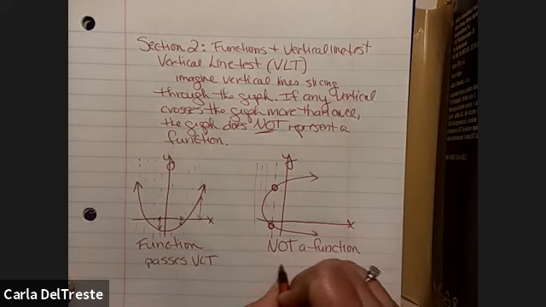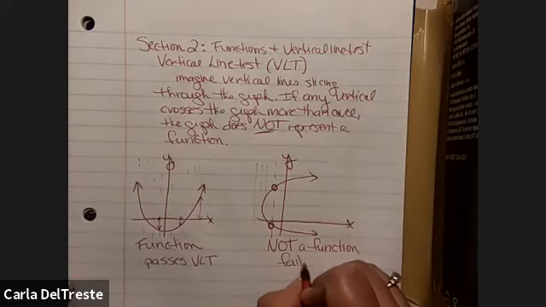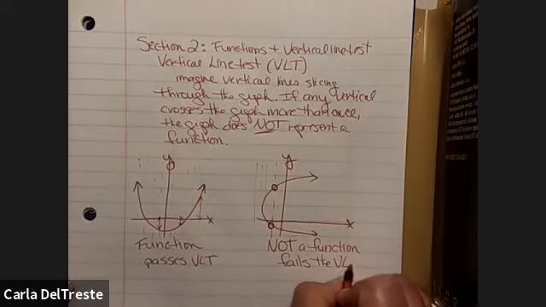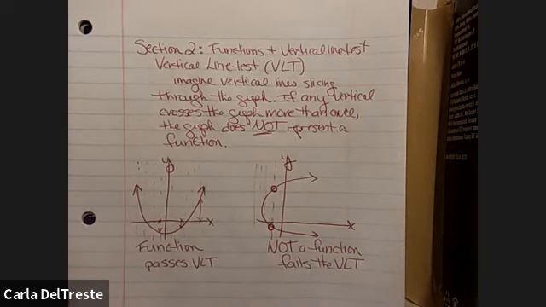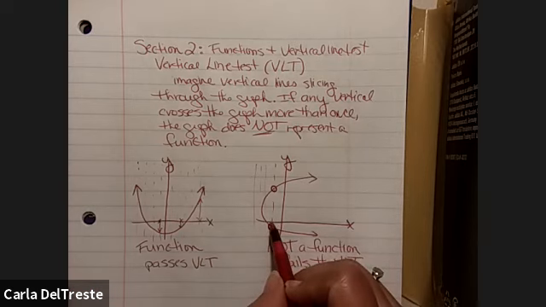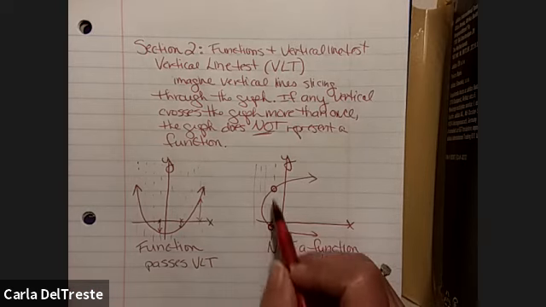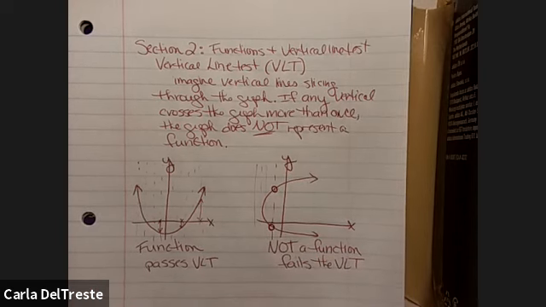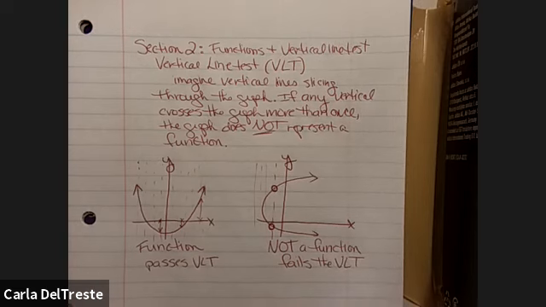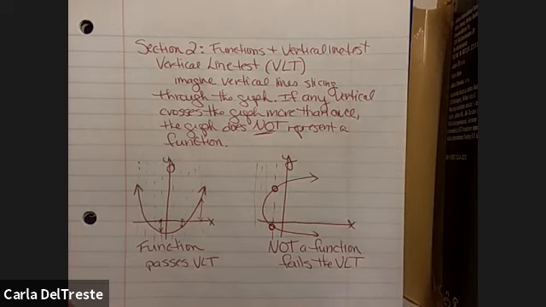Or in other words, it fails the vertical line test. And again, going back to the basic definition, the reason it fails is because we can find inputs that have more than one output, and that is not the definition of a function. So this is kind of a shortcut way to determine if you have a function graphically.